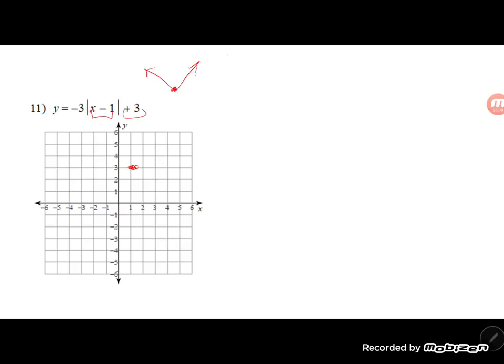Number 1, this thing is going to be going downwards, kind of like this. And number 2, my function is going to be stretched vertically by 3, so I'm going to expect it to be more narrow.